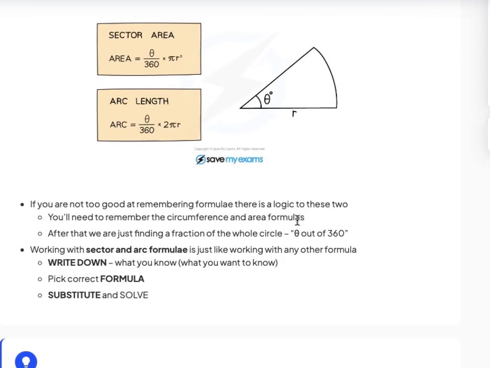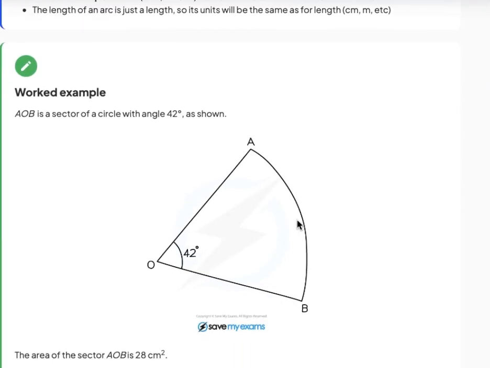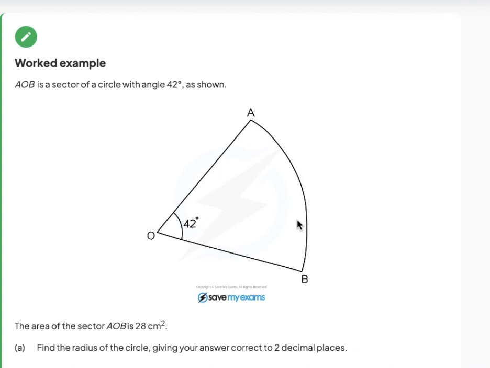Let's move down. It's just for us to take a problem and solve it. For example, AOB, where O is the center of the circle. AOB is a sector of a circle with angle 42 degrees as shown. The area of the sector is 28 centimeters squared.